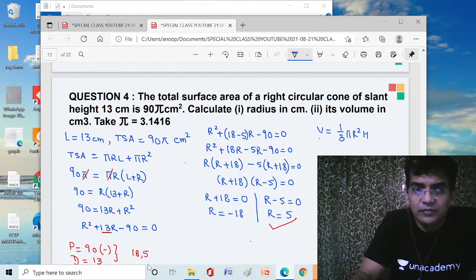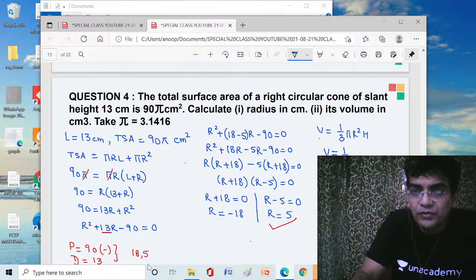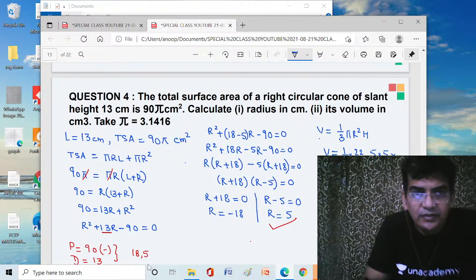So what will be the volume? 1 upon 3 pi, radius we have calculated as 5, but the height is not known to us, so first we need to calculate the height.